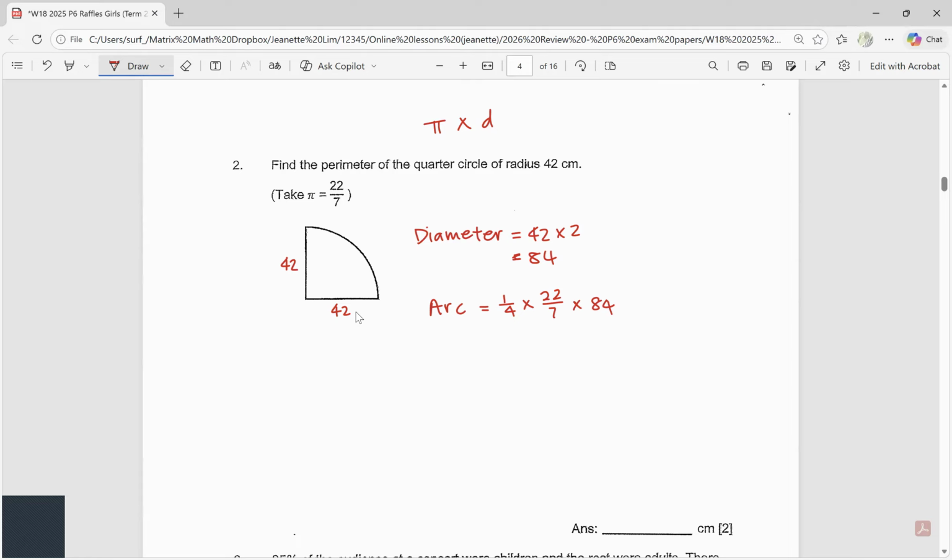Diameter is 84. Then calculate. In your calculator, you get 66. So the total perimeter would be 66 plus 42 plus 42, which is 150. Now, a common error for this is that students may just find the arc and then forget to add the straight lines.